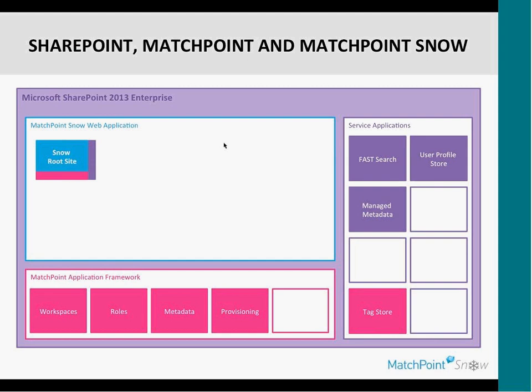This is the site that contains all the landing pages for MatchPoint Now, so what we've seen: timeline, workspaces, content, and people, and of course all the web parts that are part of that root site, like for instance all the result views, all the filter elements, all the contextual actions, etc. All this is in a manner of speaking configured on that Now root site as a content element which displays the search results, for instance from a fast search, to the end user.